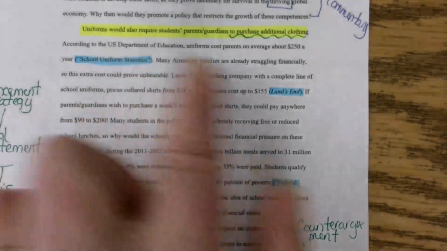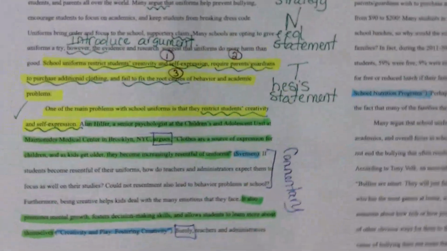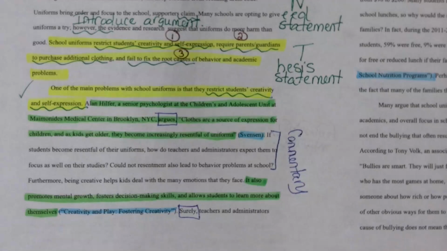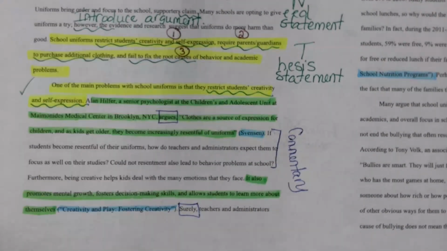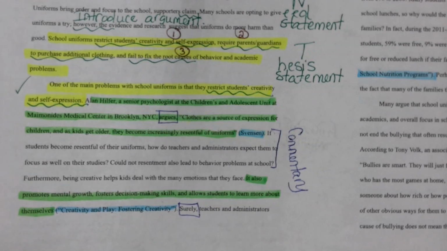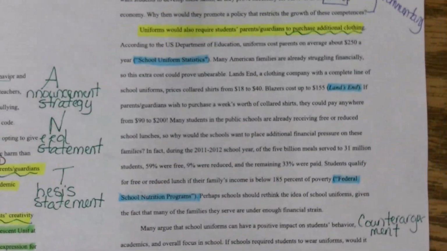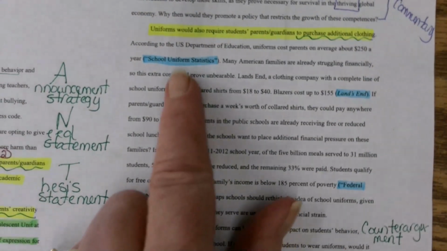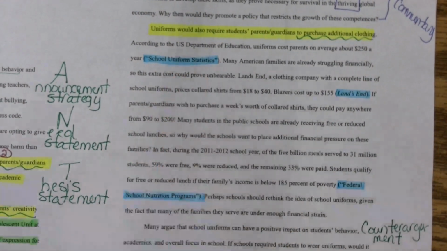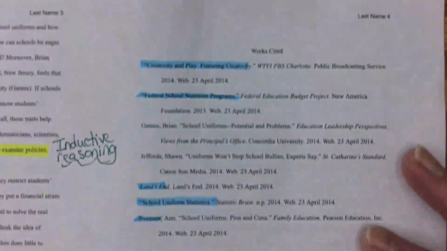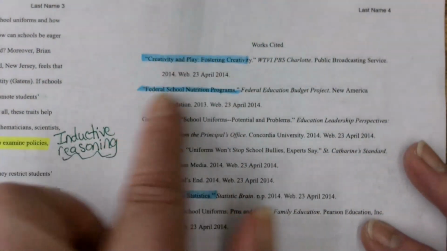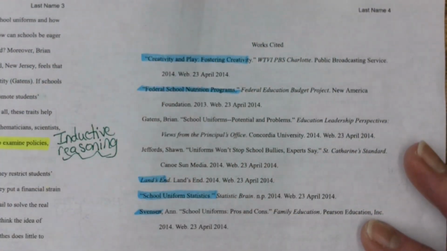That's because you're going to be using multiple resources in each of your body paragraphs. You won't simply be summarizing each resource in each body paragraph. You're going to use information from multiple resources to help you. You are going to put in your parenthetical citations, which will match whatever comes first in your works cited.